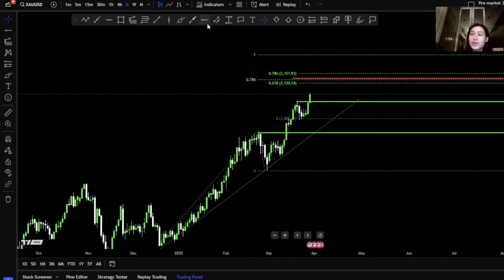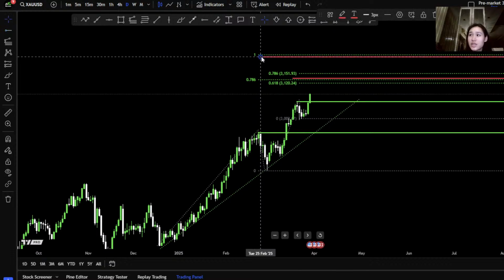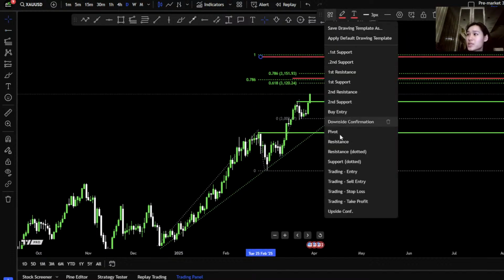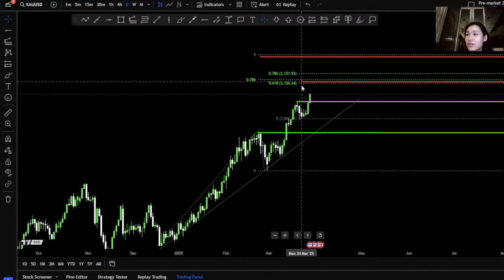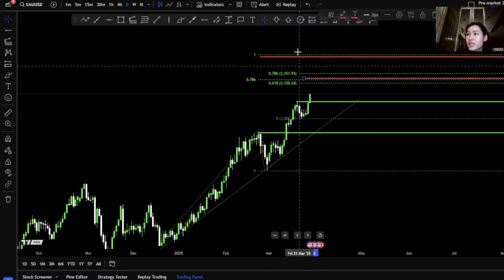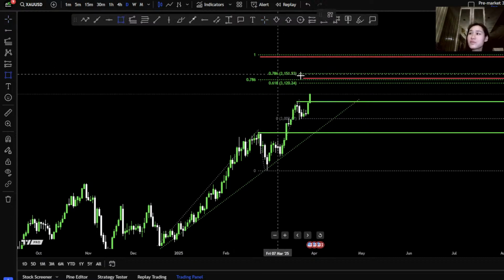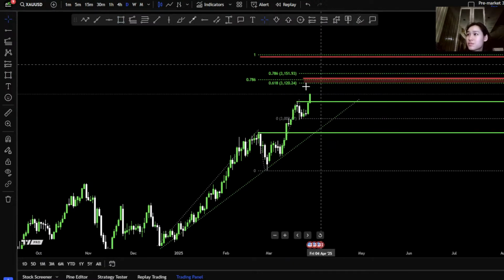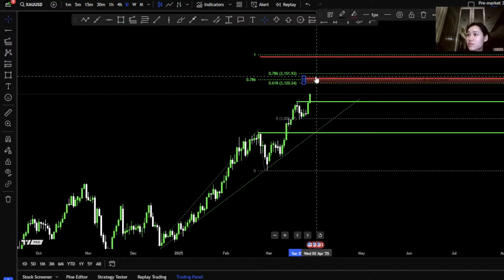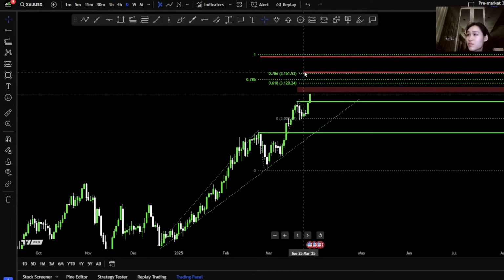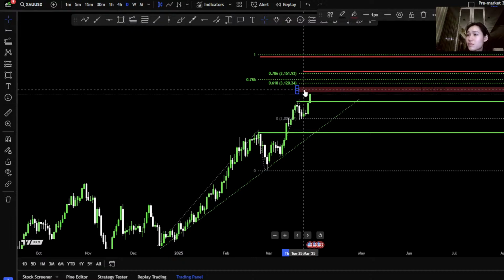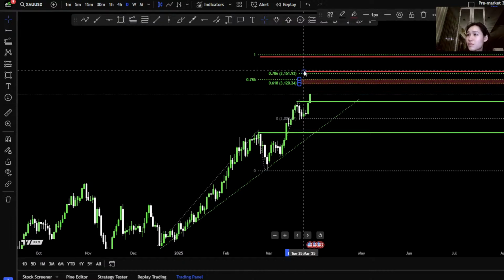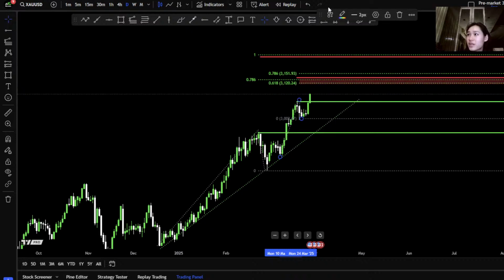So you can put a second resistance here if you want, or you can wait for prices to break out of this area first before going in for a buy towards that second resistance. Okay, I'm actually going to get rid of the 78 because it's a bit confusing. So I'll just keep that 61.